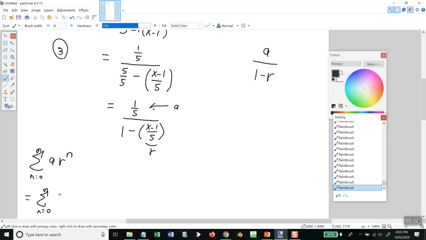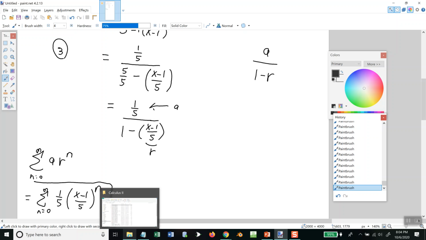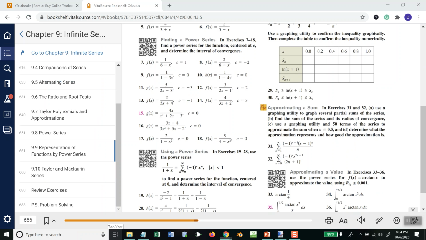A, we said, was 1/5. R is x minus 1 over 5 to the nth power. Now, that's that part. Okay, that's the find a power series for the function. So that's what we just did there.